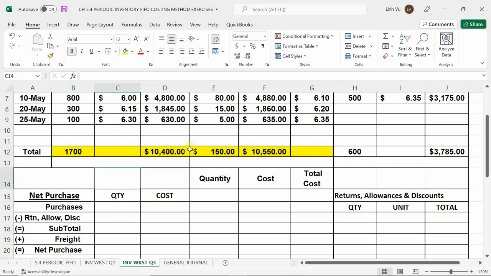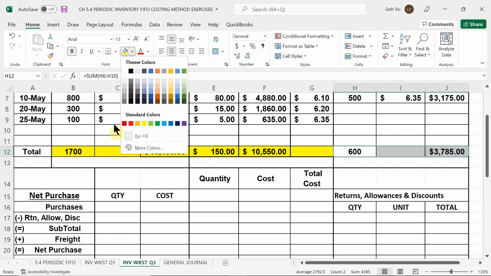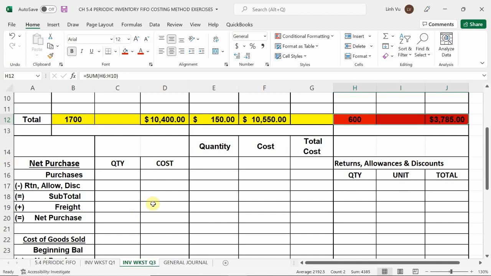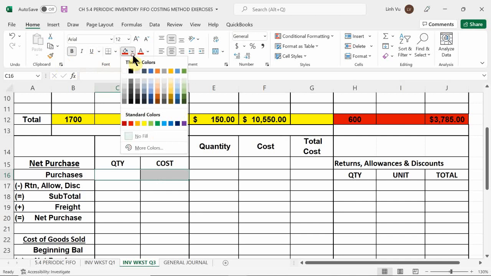Yellow. All right? My beginning balance right here, I'm going to go ahead and refer to as red, because we're going to be needing those numbers later. Okay, so once again, when we need to solve for our net purchases, how many items did we buy?